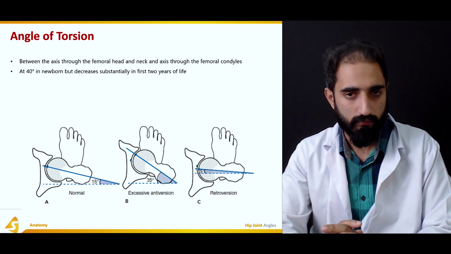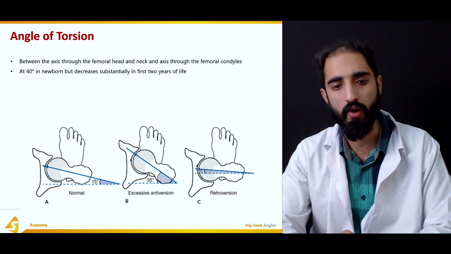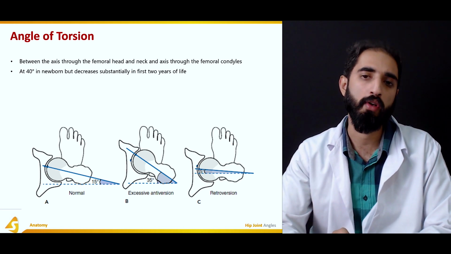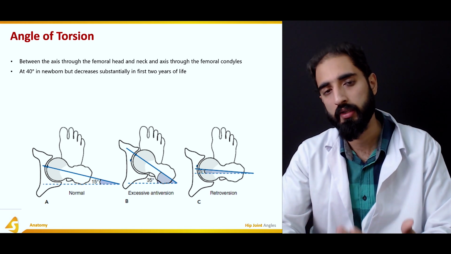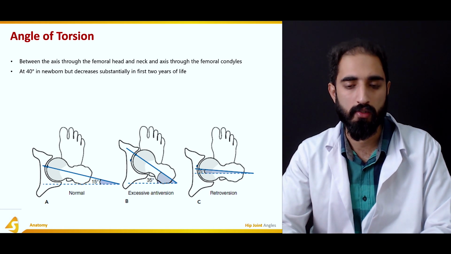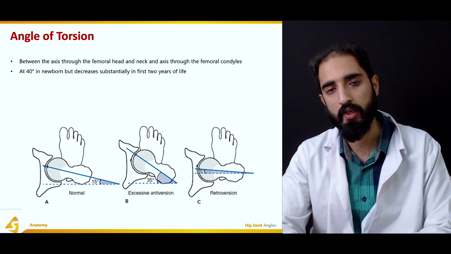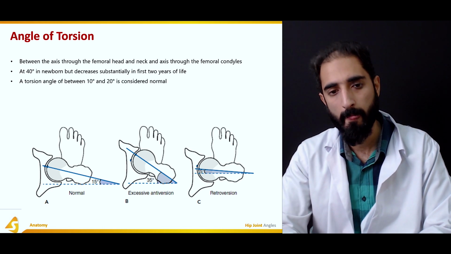During the early stage of life, when a baby is newly born, they have about a 40 degree angle of torsion, but it decreases substantially with increasing age, even in the first 2 years of life.